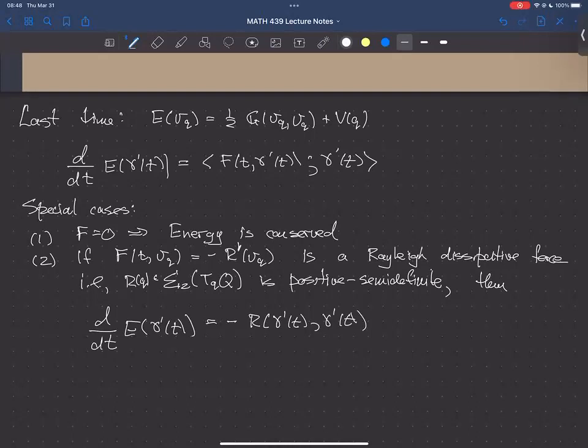And because R is positive semi-definite, this is less than or equal to 0. And so if I have a dissipative force like the kind I'm talking about, then energy is non-increasing.